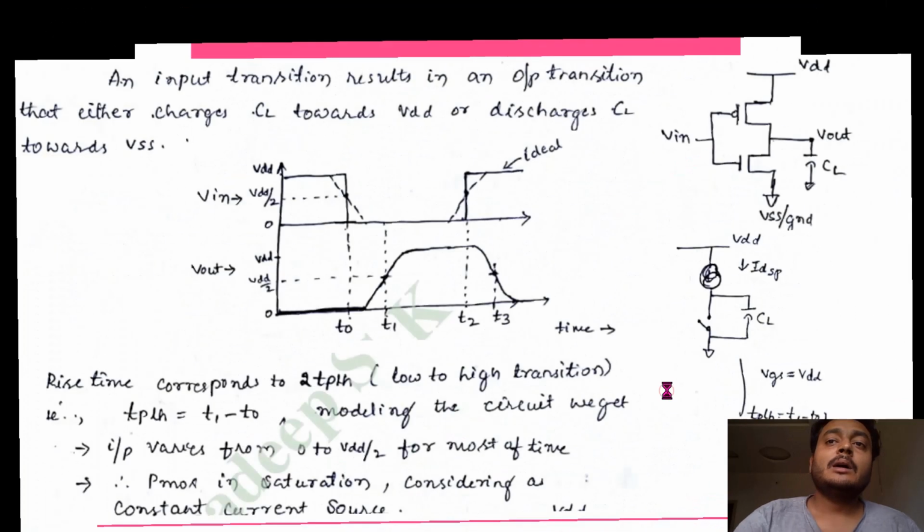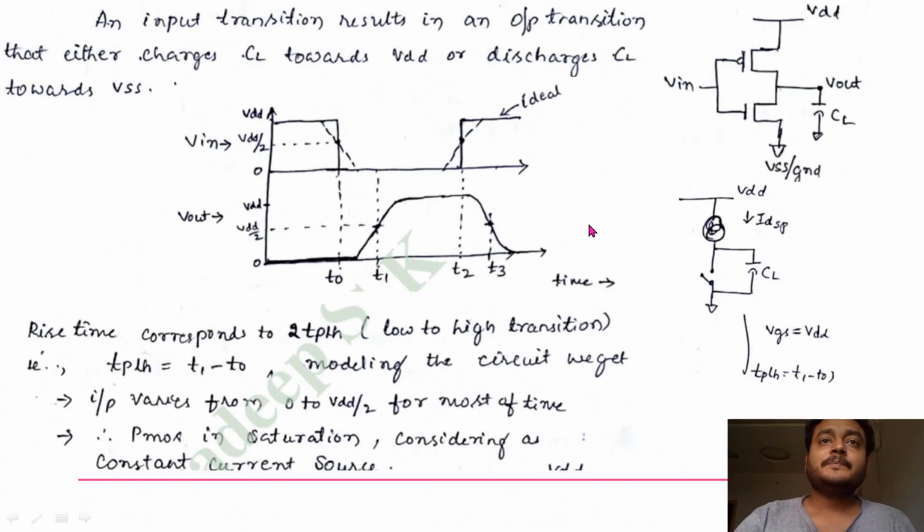Coming to this part, we take this as rise time, and as I said, the input actually varies from 0 to VDD by 2 for most of the time.